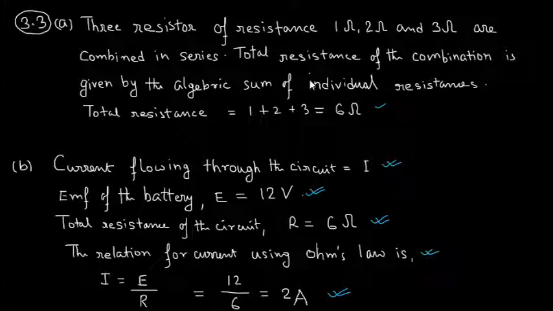The solution of 3.3a: total resistance of the combination is given by the algebraic sum of the individual resistances. That is, total resistance is equal to 1 plus 2 plus 3 is equal to 6 ohm.